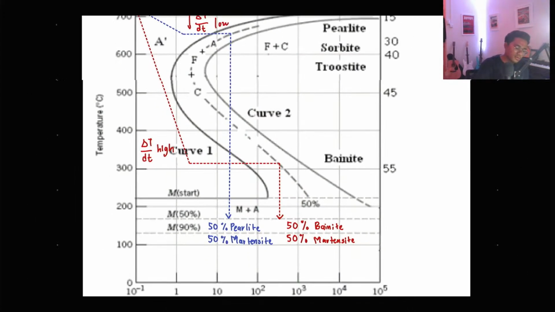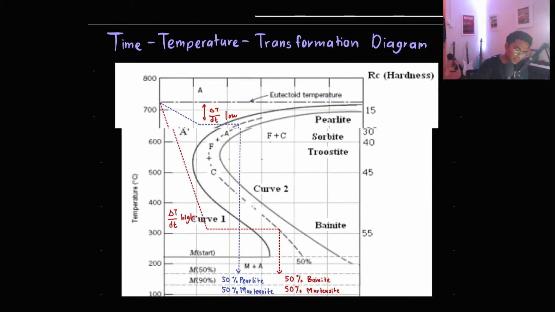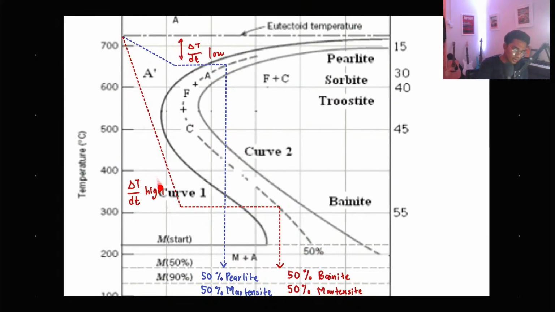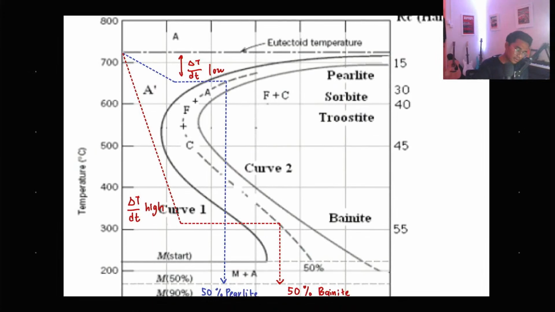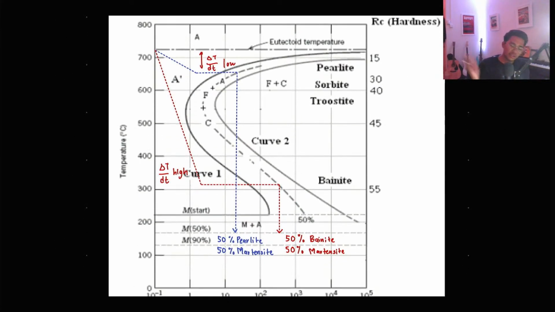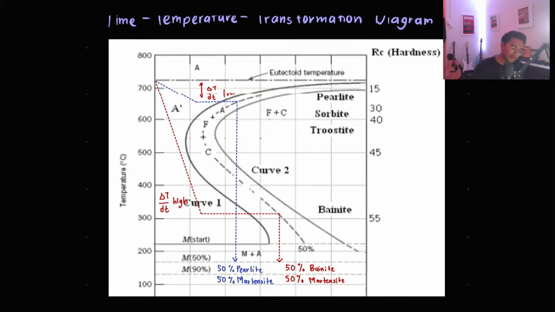So now we want to see how different cooling rates would have different outcomes. How do you read this diagram? Initially, I also didn't know how to read it, but now I will teach you.